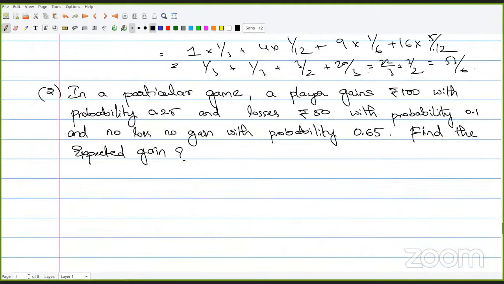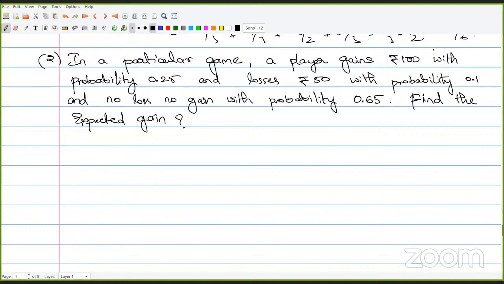In a particular game, a player gains 100 rupees with probability 0.25 and loses 50 rupees with probability 0.1 and no loss, no gain with probability 0.65. Now find the expected gain. 20.